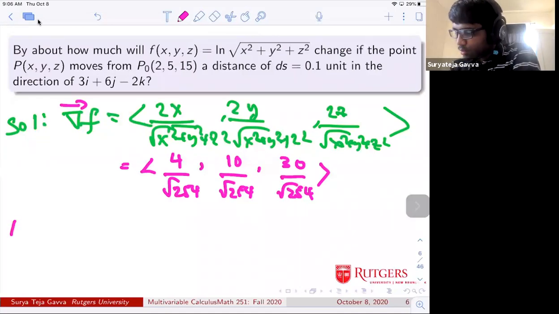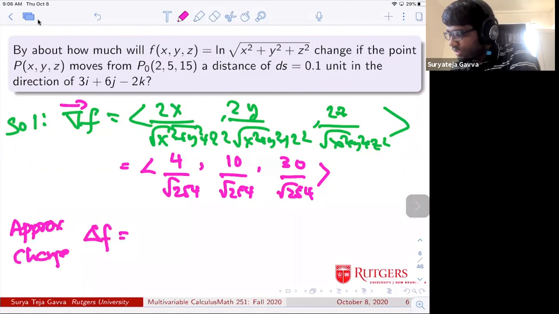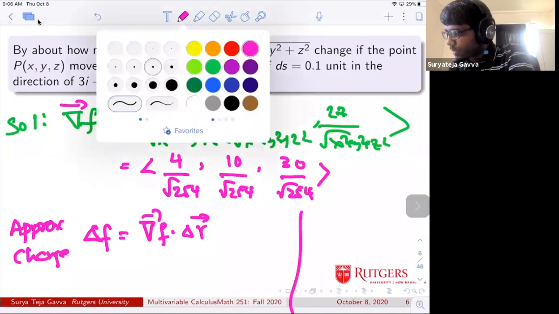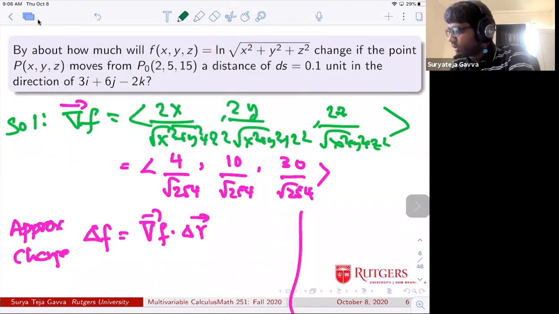So the approximate change delta f will be the gradient dotted with delta r. The delta r in this case is 0.1 in the direction of this. So delta r is 0.1 times the direction of this.